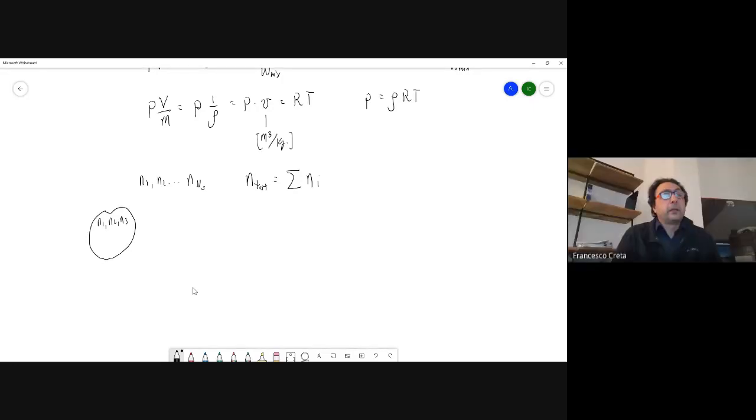Okay. So suppose that I have a container containing a mixture, so a different number of moles of each species, at pressure P, and this is a volume V. You can think of the same volume, I'll try to draw it, but obviously it's difficult, filled only with, say, one species, so it's only occupied by this species.